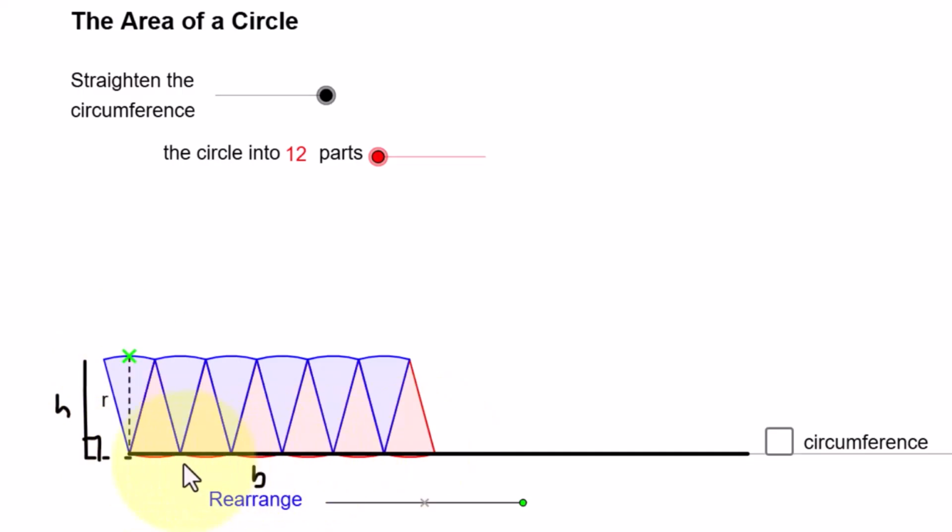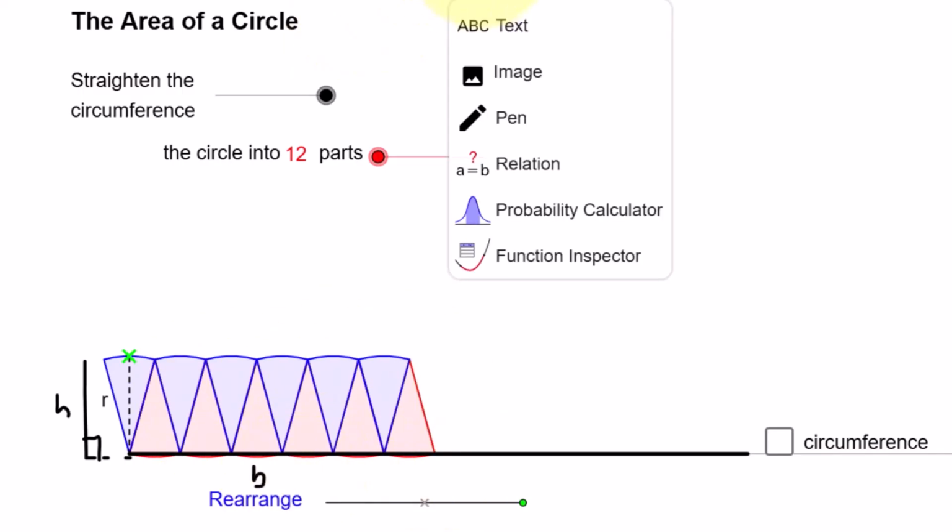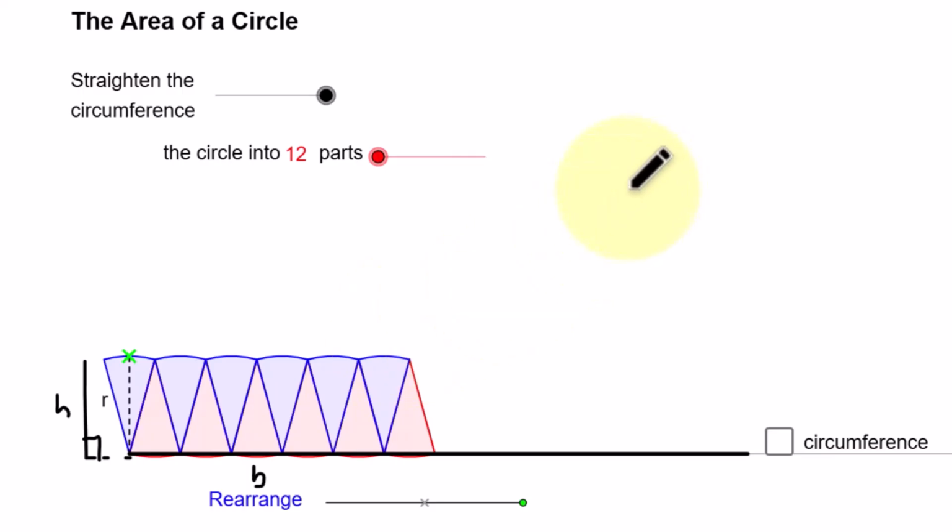Now, the circumference of a circle is from here down to this place. Now I've cut it into 2. Now this is half of the circumference. Remember, in our last explanation we said the circumference of a circle is 2 pi r. But now I need half of it, which serves as the base of this shape.